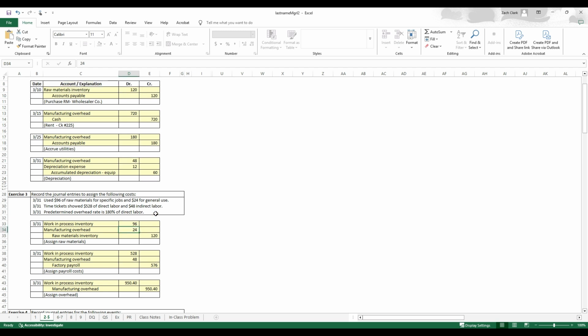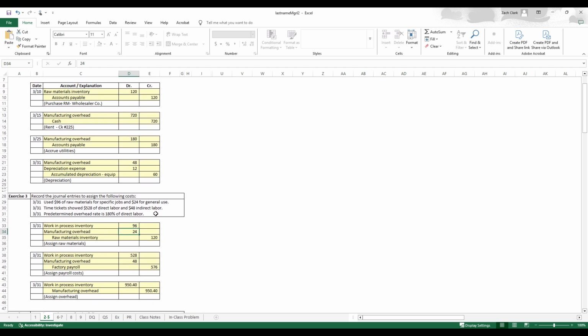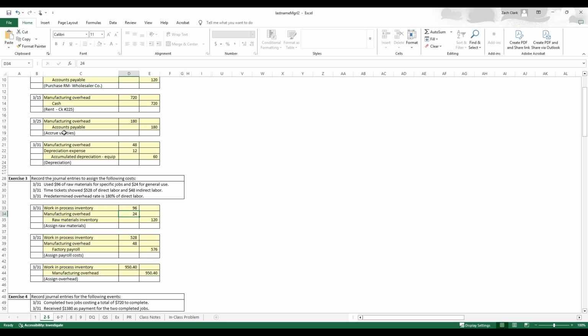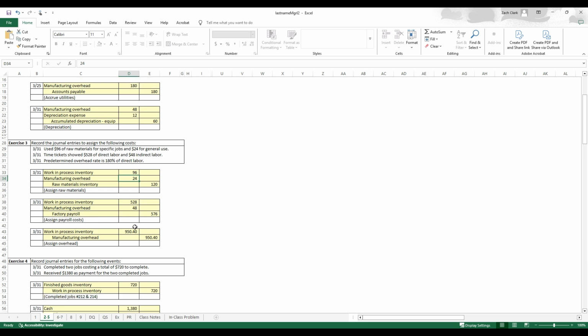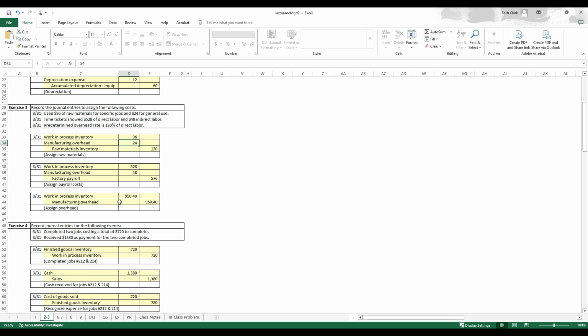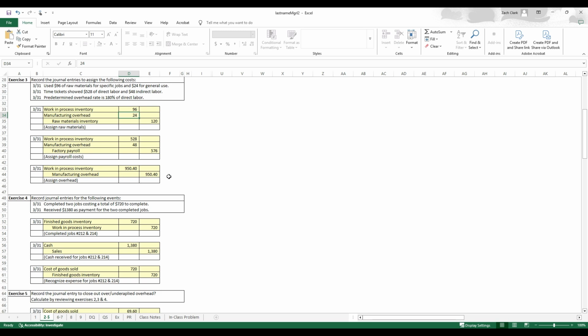We had the manufacturing overhead from raw materials there. This was rent, utilities, depreciation, indirect materials. Then we had indirect labor. And then I guess that was it. Yeah. But then we assign the overhead cost based on our predetermined rate, which is a guess, right?